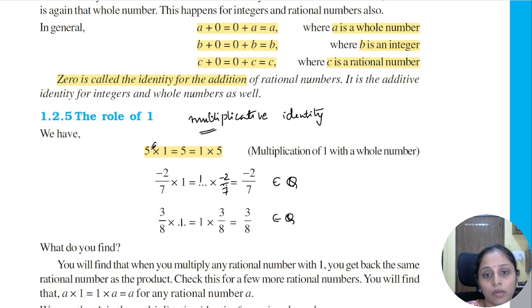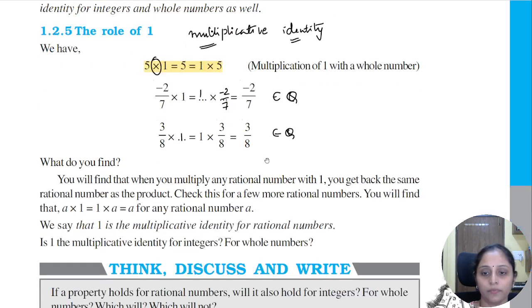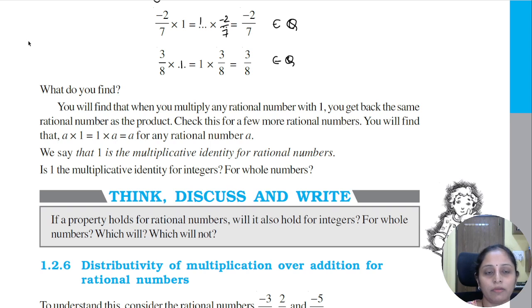Multiplicative because you're talking about the operation multiplication here, and identity because even after performing the operation, you're getting back the same number that you have taken, right? So here we have concluded that 1 is the multiplicative identity for rational numbers, and then they are asking you, is 1 the multiplicative identity for integers and for whole numbers?